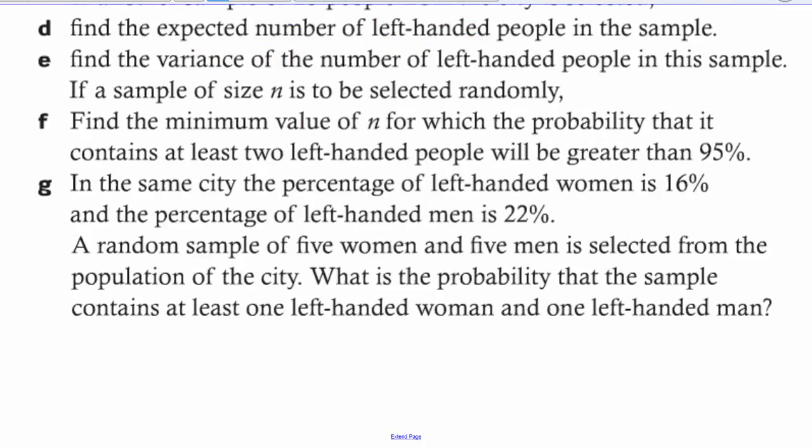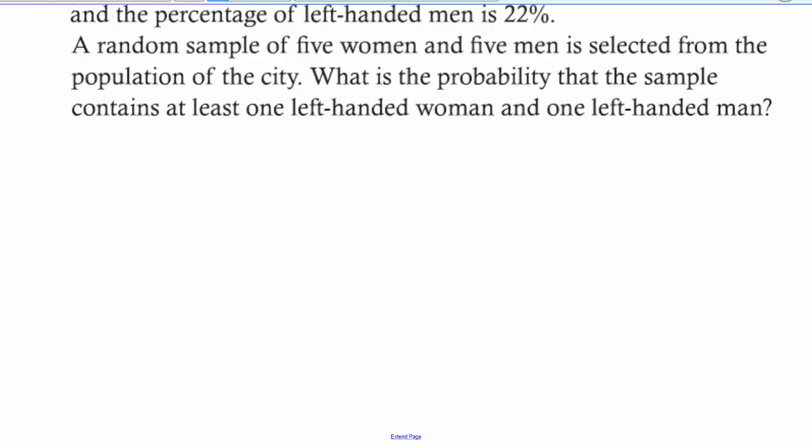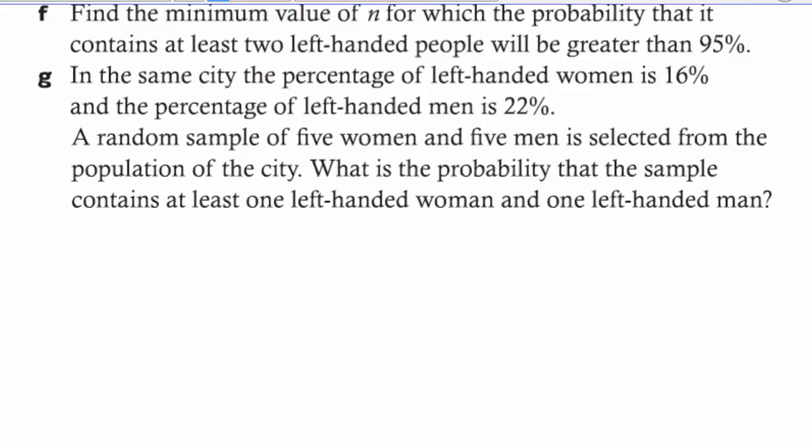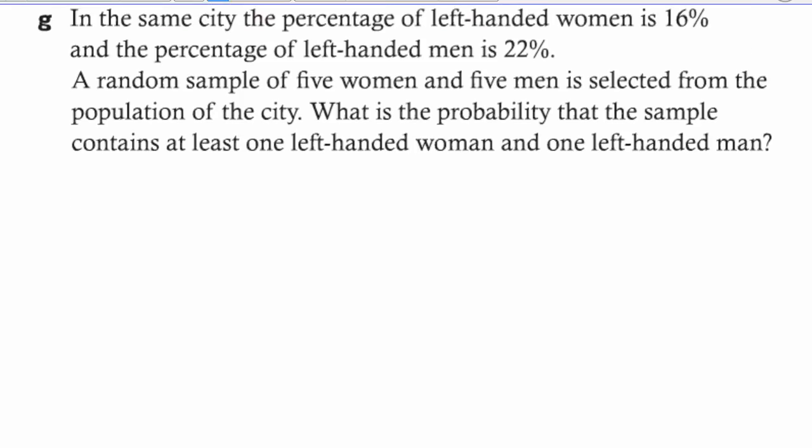So we need to create space below here. This is for A. Now, before I do anything, I may want to write a statement to help you understand what's going on here. So I'll say X is the random variable representing the number of people who are left-handed.